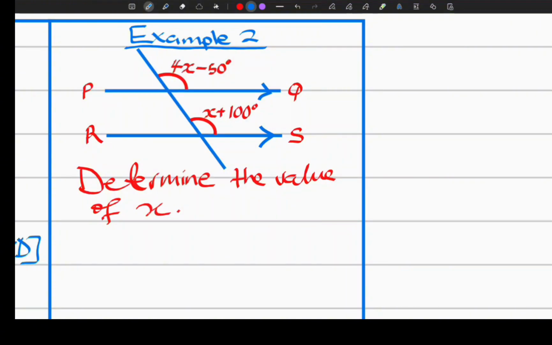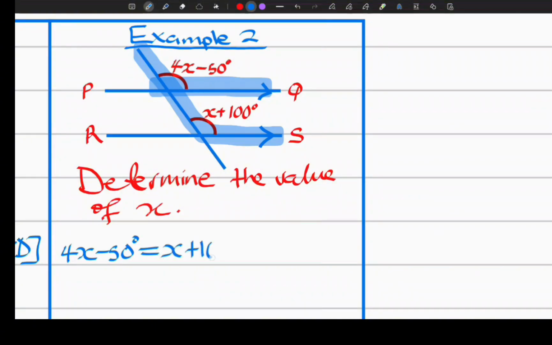To determine the value of x, we are going to first locate the letter F. So in this case, it would mean that 4x minus 50 and x plus 100 are corresponding angles. According to the theorem, we can equate those two angles to each other. That is, 4x minus 50 degrees equals x plus 100 degrees.